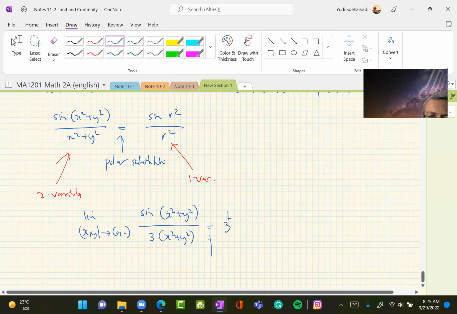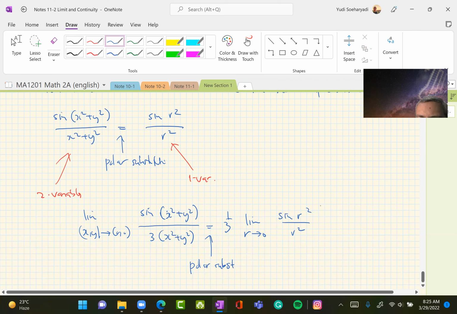Using polar substitutions, it's sine r squared over r squared.